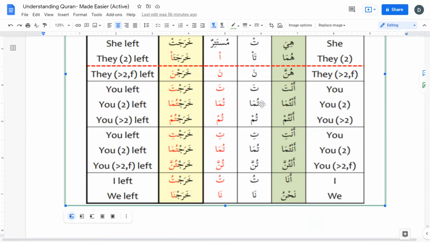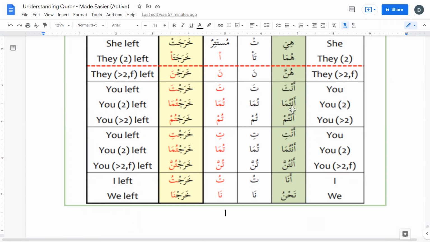Antuma, the last part is tuma, so kharajtuma. It's very easy and mashallah very logical: anta kharajta, antuma kharajtuma. Tuma from the pronoun, and kharaj, then tuma.